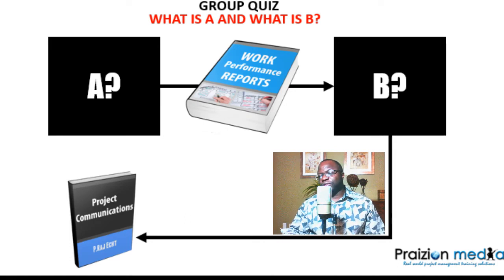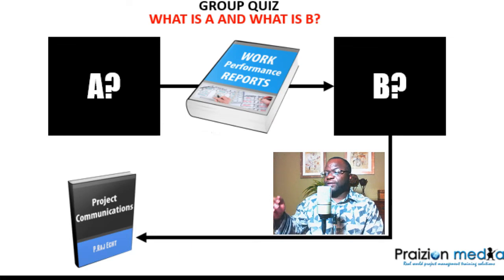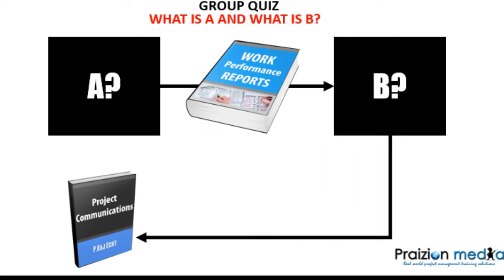In addition to distributing these work performance reports, they can help us with a lot of other things. So the question is, how do we distribute these work performance reports? Can you guess what the answer is? It has to do with communications. So which communications process do we use as a vehicle to distribute work performance reports?